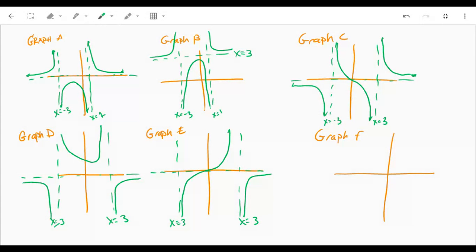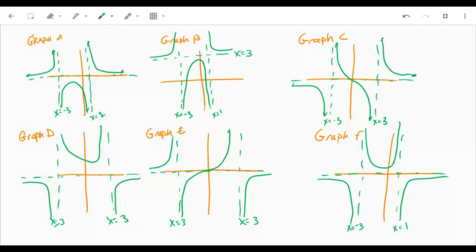Okay, and then F, we've got -3 and 1, the x-axis. And it's kind of like graph A, but it's upside down. Okay. All right. So there's all the graphs.